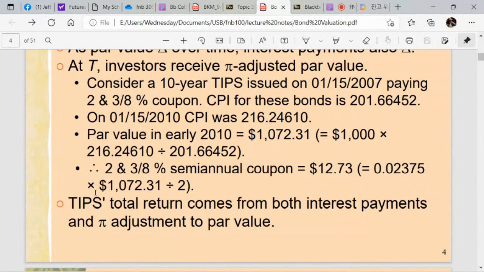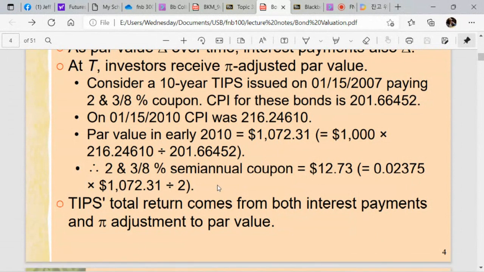So you multiply this percentage by the face value, the maturity value, and it will give you something close to $25 for 1 year.